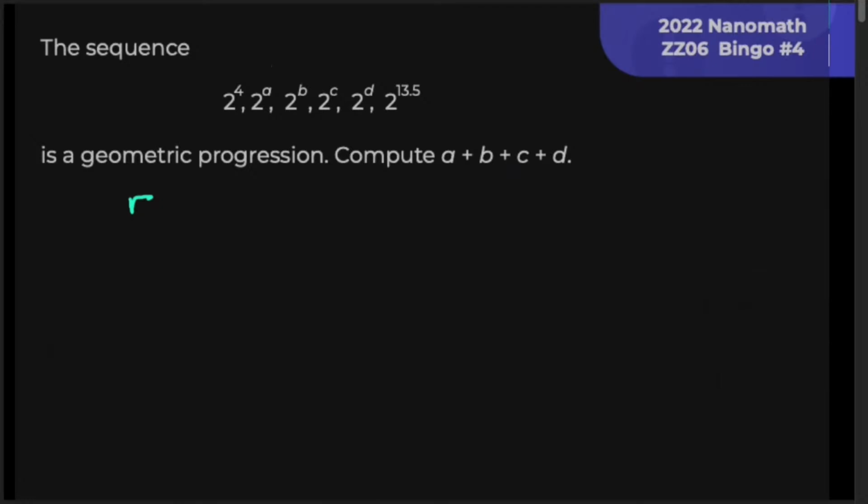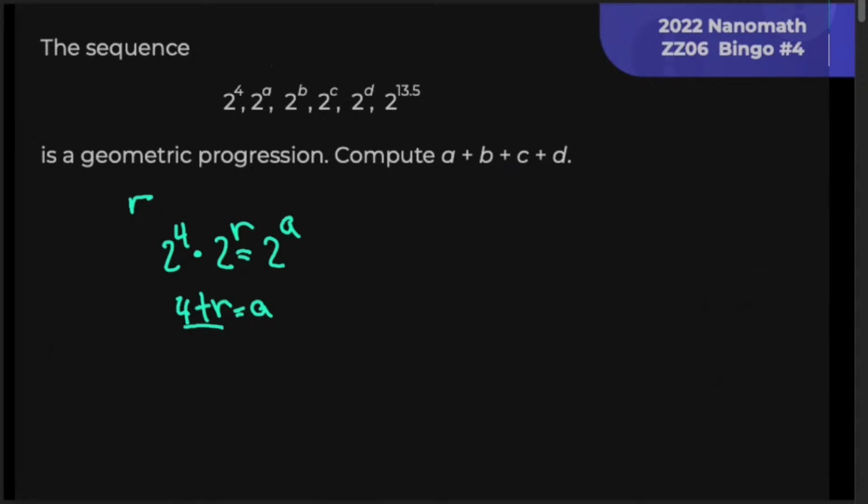So we know that 2 to the 4 times 2 to the r is equal to 2 to the a from our first two terms. That means that 4 plus r is equal to a. Oh, wow, that's pretty cool. So a is equal to r plus 4.